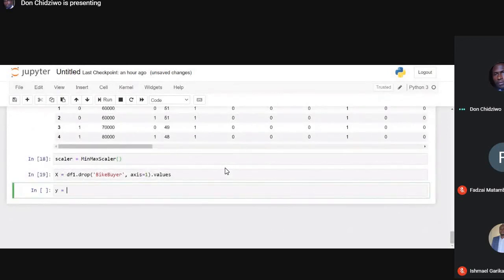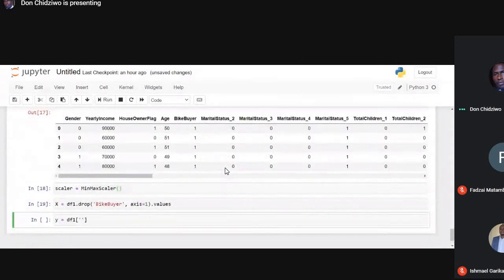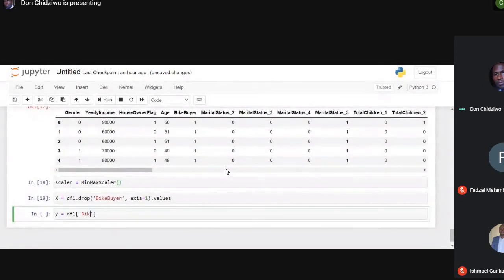Y equals df1, what's its name? Bike buyer dot values.